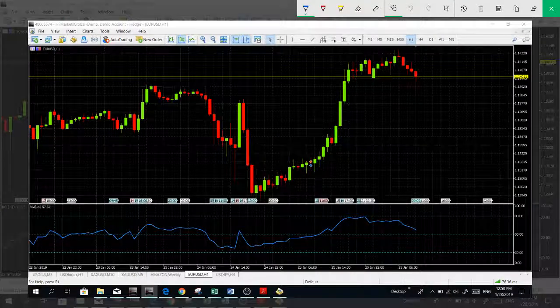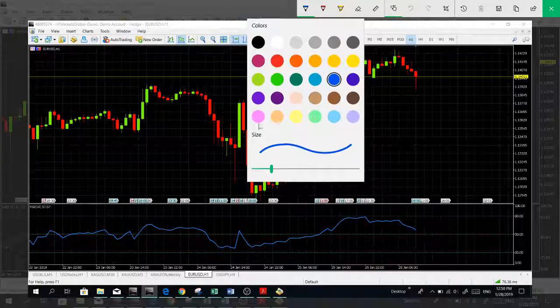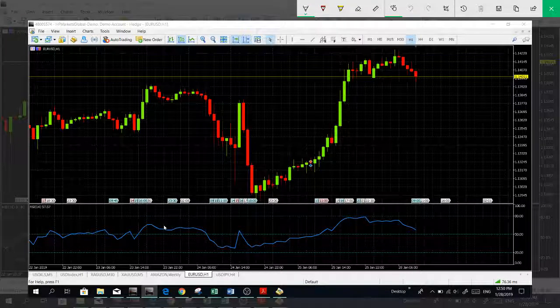Look here. Once it came to 80, close to 80 or touched 80, it cannot be the sign of a sell.